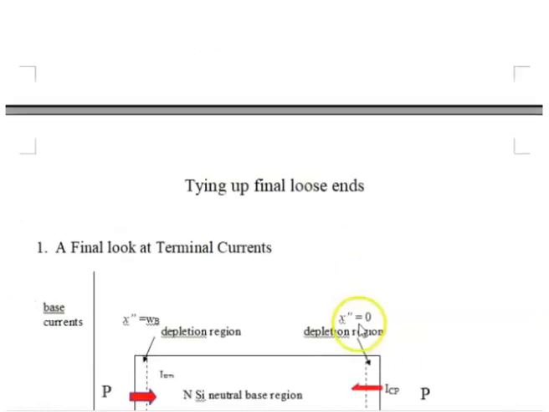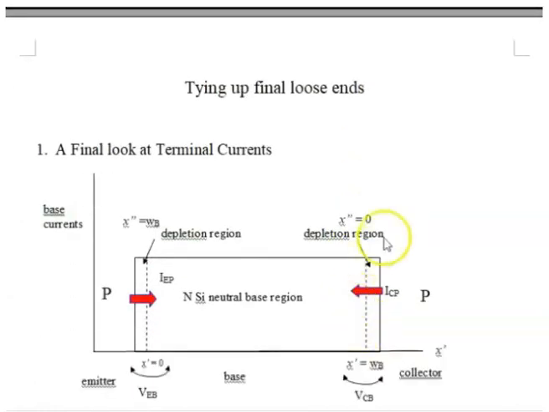Okay, so first, in tying up some loose ends, let's look at the terminal currents. We've seen this picture before. Notice that there is no actual current as a function of position. This is the I_EP, the total current which appears at the emitter base junction, and the I_CP is the total current that appears at the base collector junction.